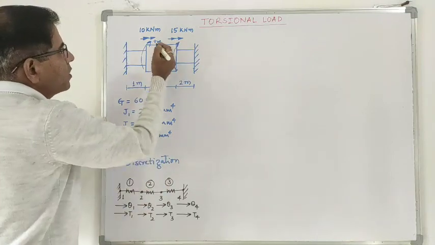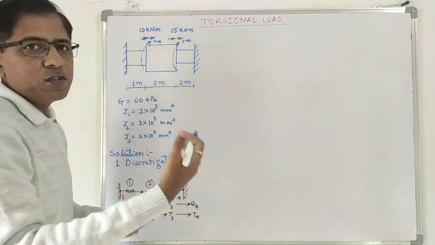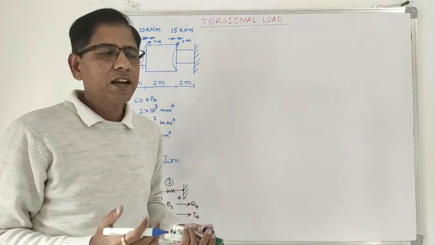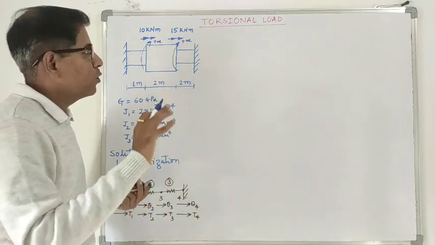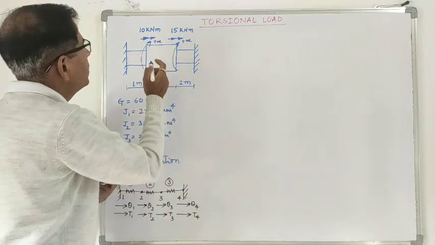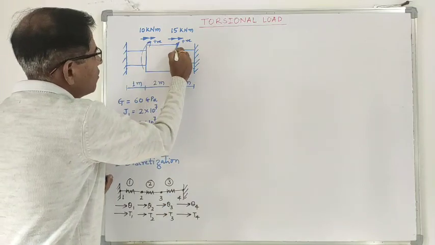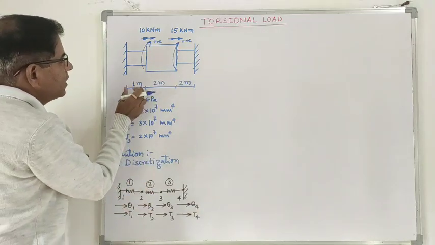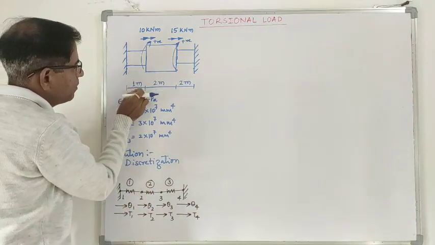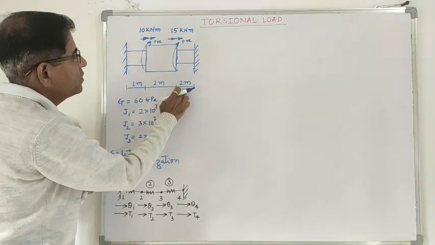So clockwise torques are always considered positive and anti-clockwise torques are considered negative. Consider a positive clockwise torque applied at this junction and another one at this junction. The length of the first step is given as 1 meter, this is 2 meter, this is 2 meter.